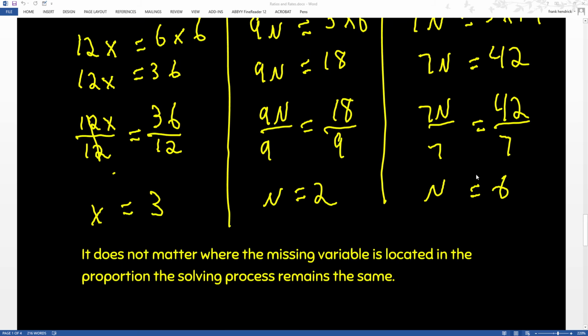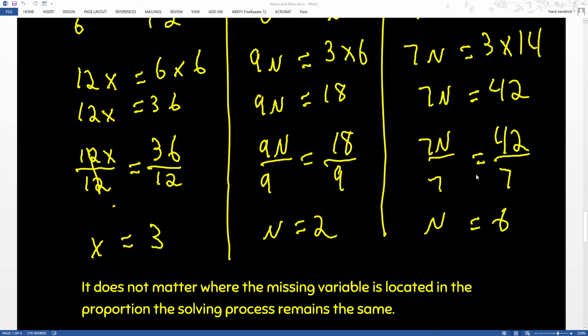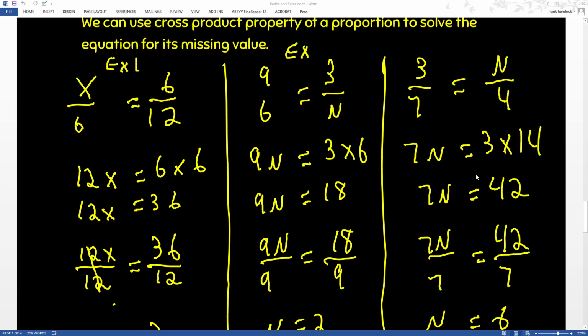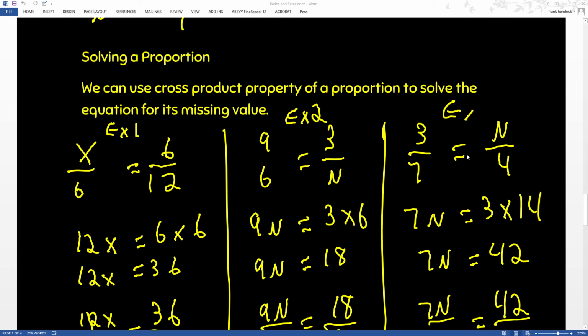The point I want to make here is that it does not matter where the missing variable is located in the proportion. The solving process remains the same. You still end up cross multiplying and dividing. So it'll be 3 times 12 divided by 7.